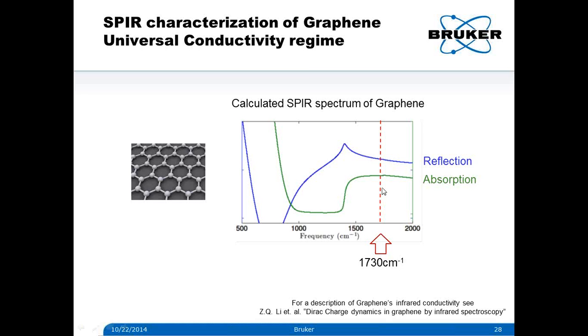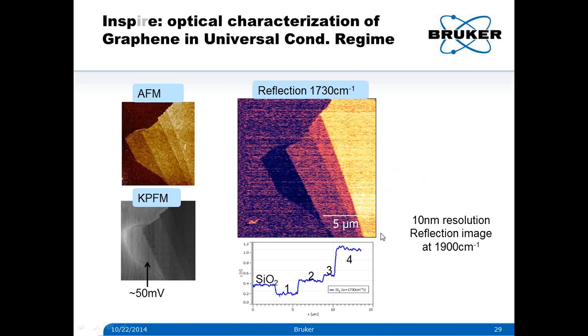So we tune to a wavelength of 1730 wave numbers. And what we get is a reflection image shown here in the middle. And we can nicely distinguish single layers, which is the black one here, compared to the SiO2 substrate. Then you have bilayer here, trilayer, and 4 layers. On the bottom you see a line cut through these layers.